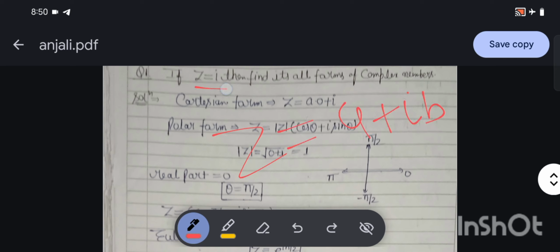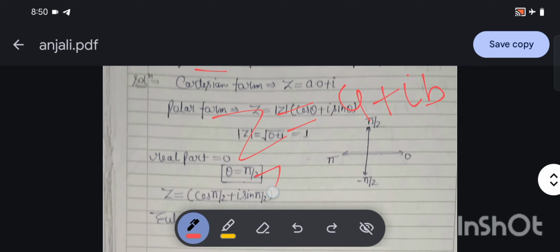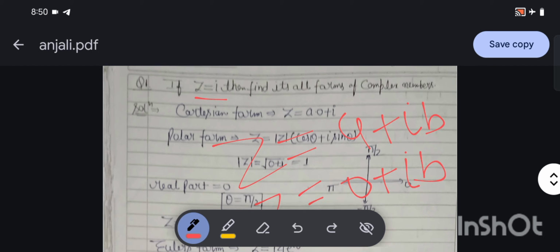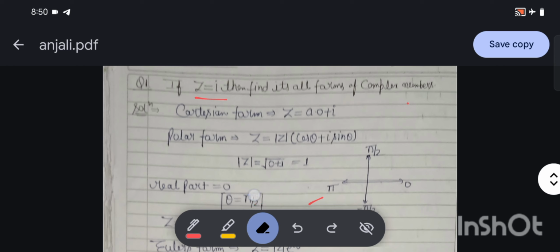But in this equation the value of the real number is not given, so it will be 0, that is 0 plus iota b. It is clear? So what is the equation of Cartesian form? z is equal to 0 plus iota.